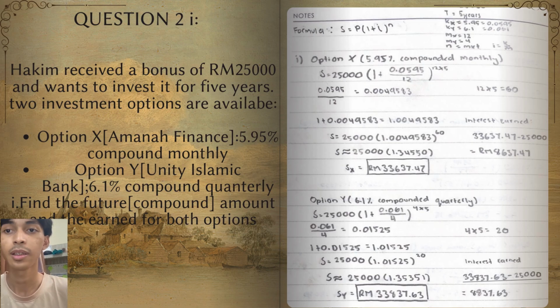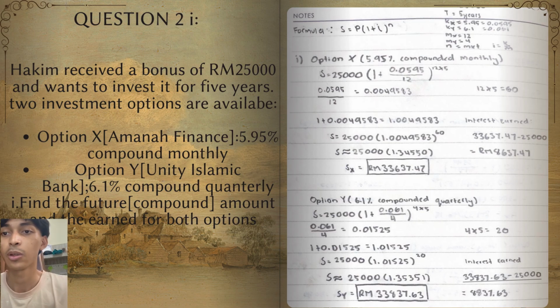For option Y, 6.1% compounded quarterly. So we use the same steps as option X. We start from S equals 25,000, bracket 1 plus 0.061 over 4, to the power 4 times 5. 0.061 over 4 equals 0.01525.